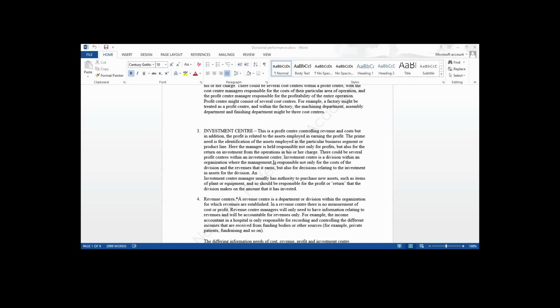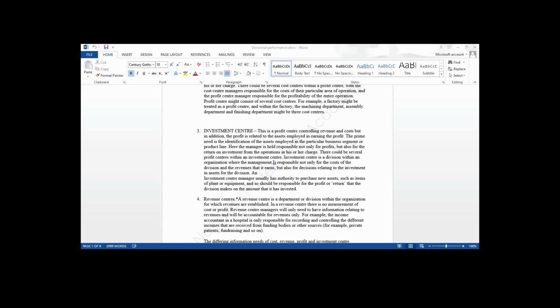A division can be an investment center. A division can be categorized as an investment center, where the divisional manager is allowed to make investments. He can utilize divisional money to make investments in assets. We can now relate the profit achieved to investments.